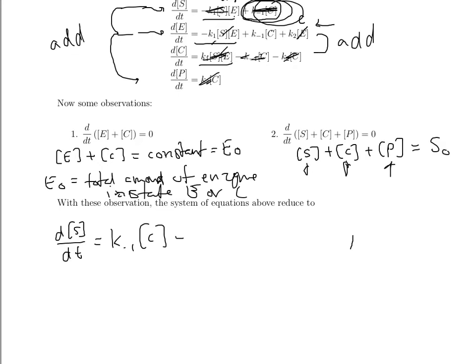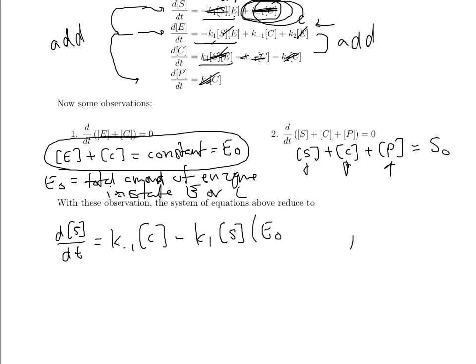But then minus K1, and now instead of using E in our mass action term, we're going to use the fact that from our first observation, E is the same thing as E naught minus C. So that simplifies that equation quite a bit. And we'll do a similar thing for the equation for the concentration C.